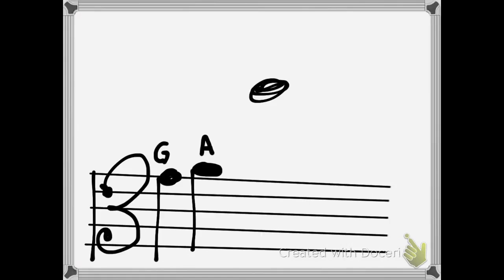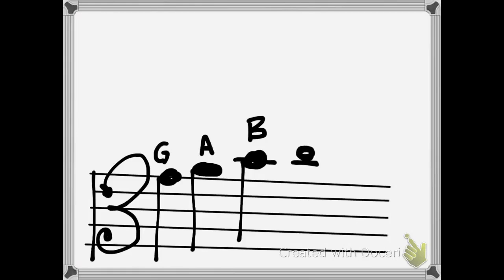We can't just put notes wherever we want. So we add a little line. And this, since there's a line going through it, is a line note. And what comes after A? B. Now we keep that same line, and we perch a note on top of it. That would be our next note, C.